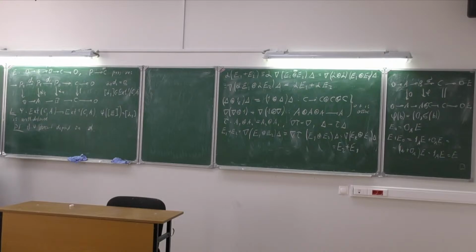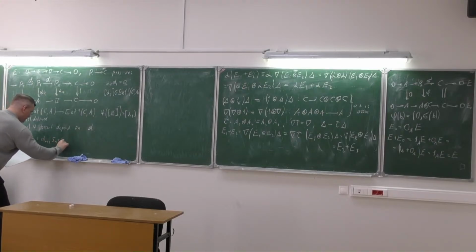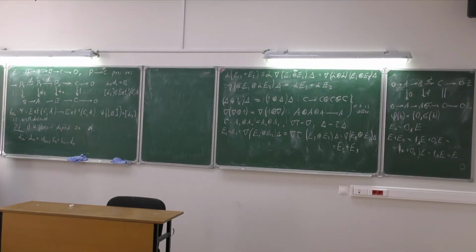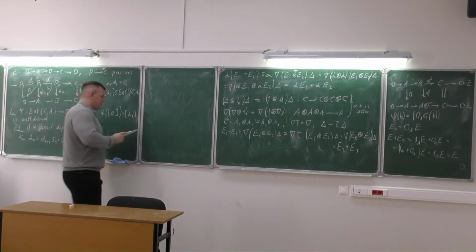If I have another lift, say alpha prime, then the difference is homotopic to 0, hence there is some homotopy S. So any two lifts are homotopic, which means that we can find such a map S with some components. In this case, there will be S0 here, and there's also S1 here. And there is nothing else, the rest are just zeros.